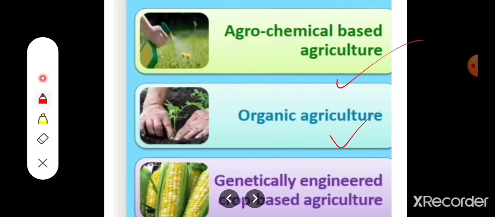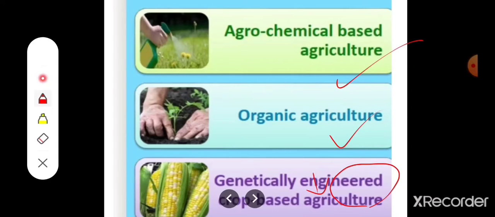The last way is genetically engineered crop based agriculture. This is where the involvement of biotechnology is. So we have three options which help in increasing food production. In that we are going to discuss genetically engineered crop based agriculture.